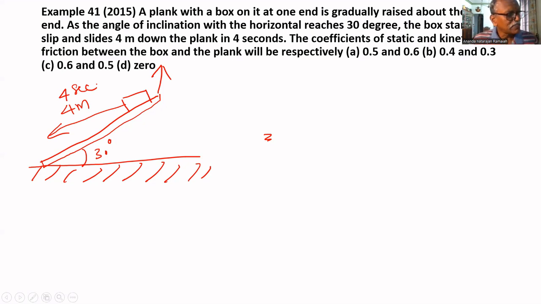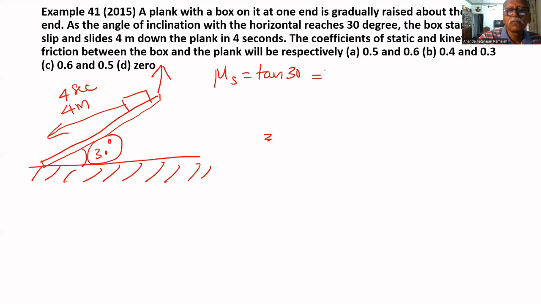The coefficient of friction is mu. We have to find. Static friction depends upon this angle. That static mu s equal to tan 30.